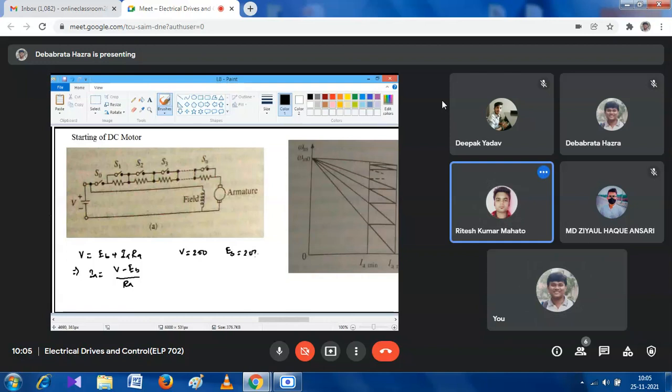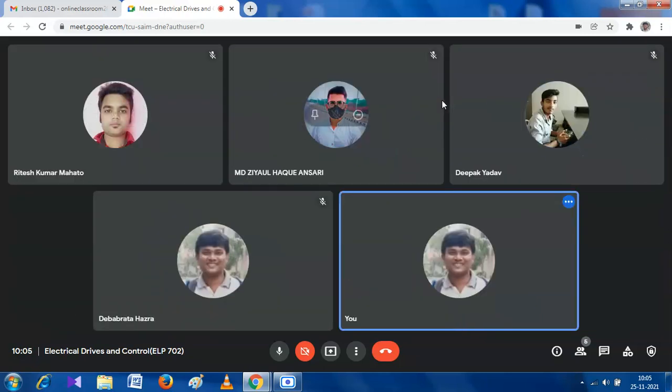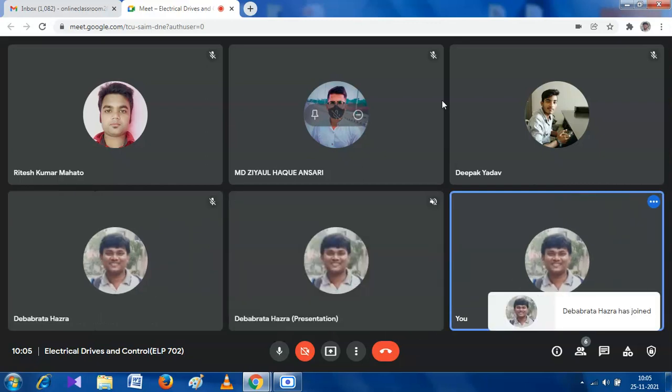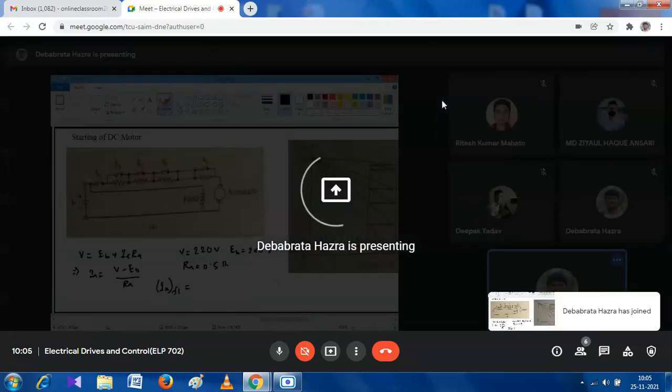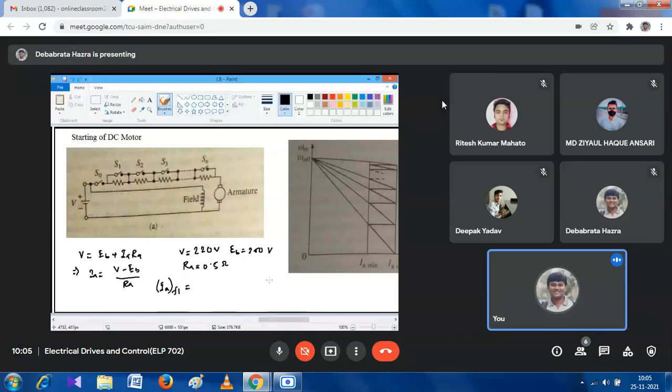The value of RA is 0.5. So tell me what is the full load armature current.